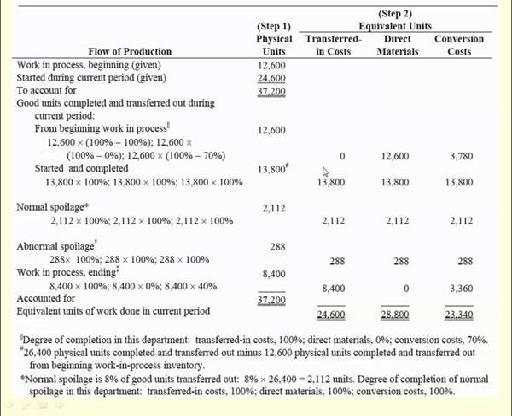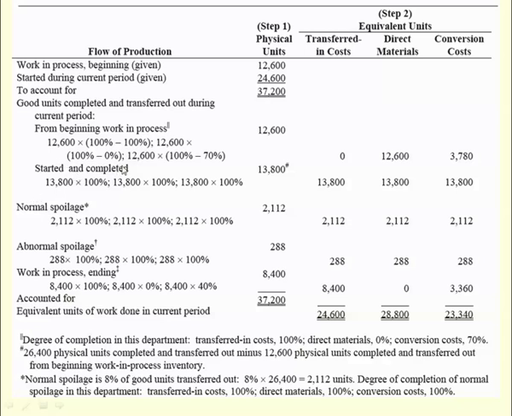For transfer in cost, 0, as 100% minus 100% equals 0. For direct materials is 100%, as direct materials here are added at the end of the process, so they are all added at the end of the process. For conversion costs, only 100% minus 70% means that only 30% of these units will have conversion costs.